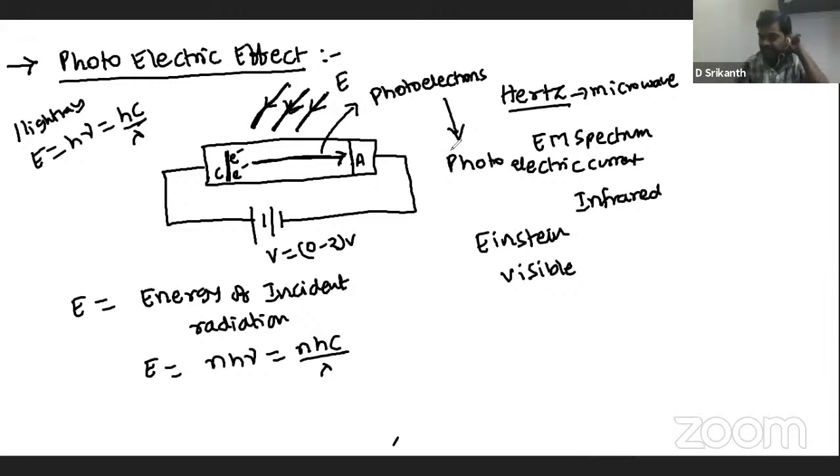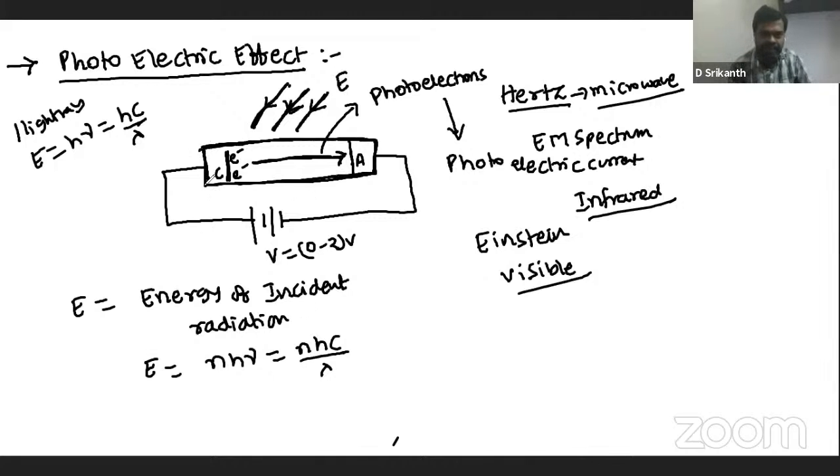Initially, Hertz explained about microwave, infrared, visible. Why did Einstein stop at visible only? We have the electromagnetic spectrum up to gamma rays, but every metallic surface will allow only up to a fixed radiation, depending upon the resistance and capability of the metallic surface.